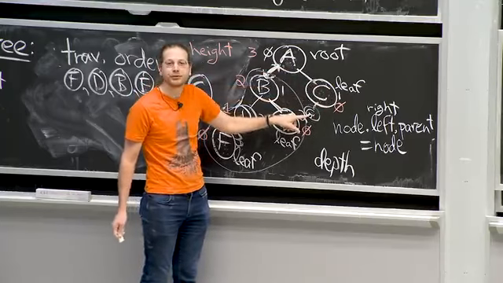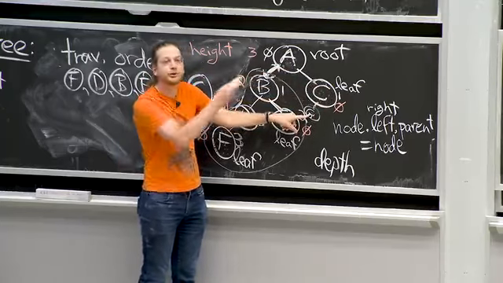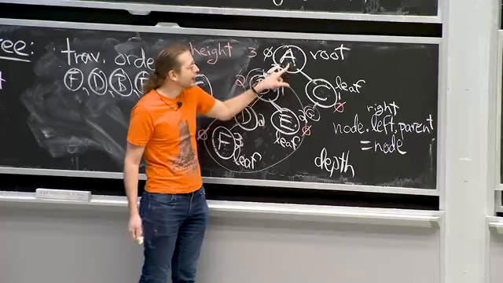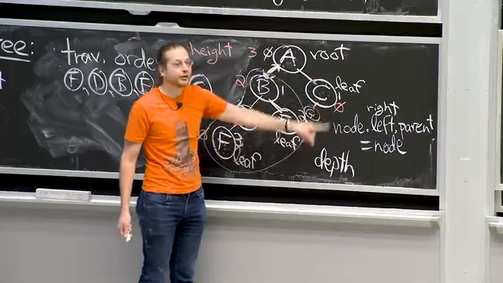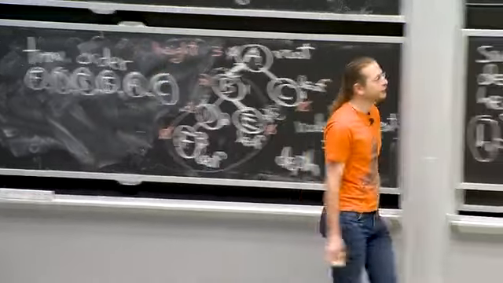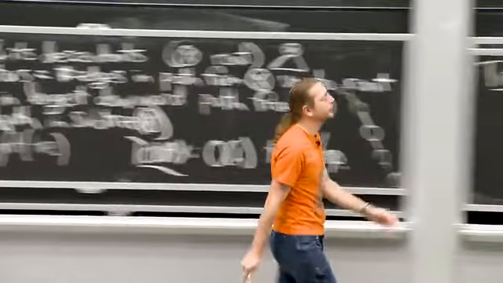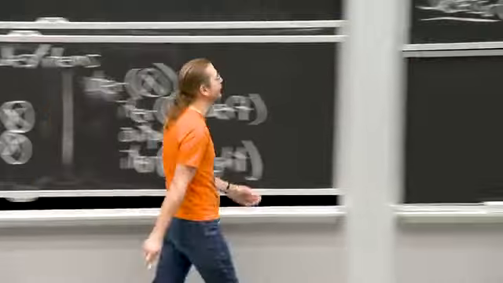The leftmost leaf. Okay, that's the problem we just solved. So if A has a right child, what we want is the leftmost leaf, the first thing in that subtree. The right subtree, right child subtree.